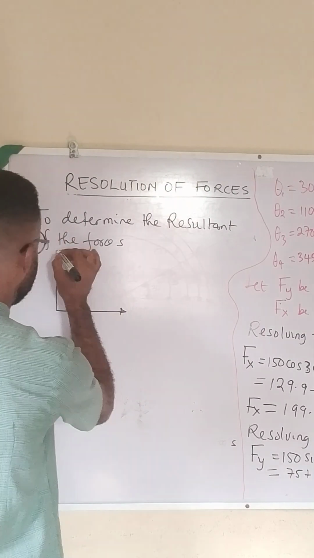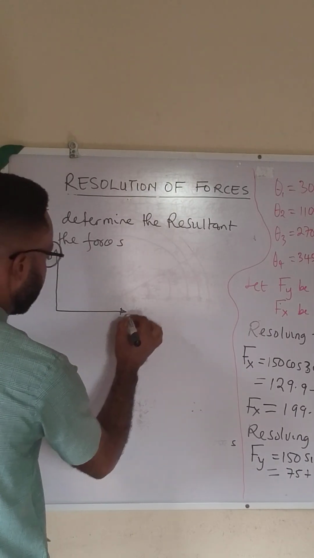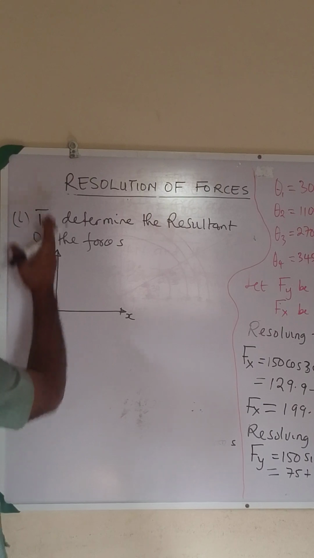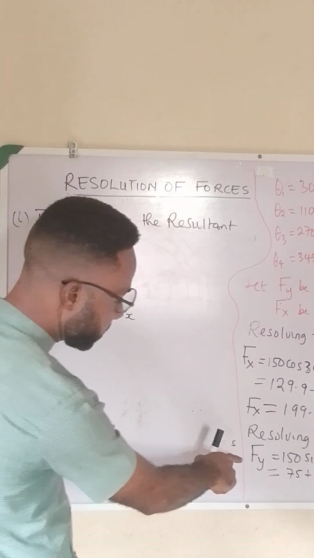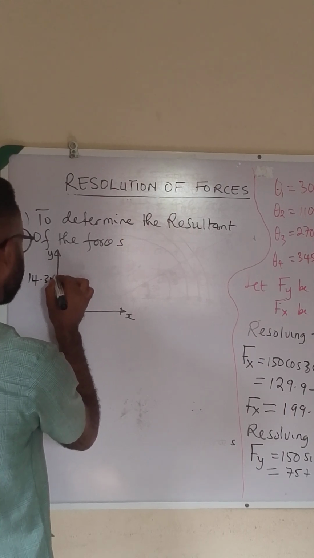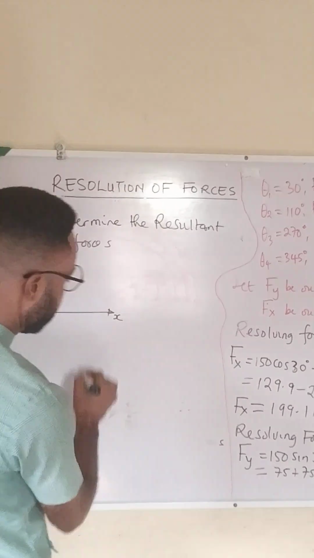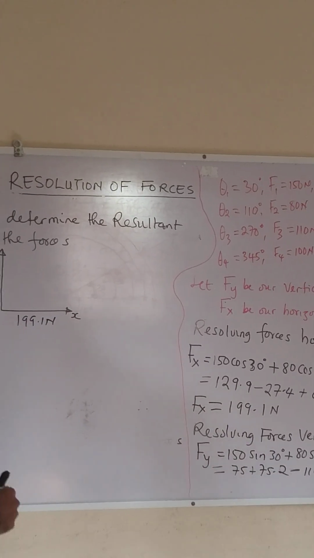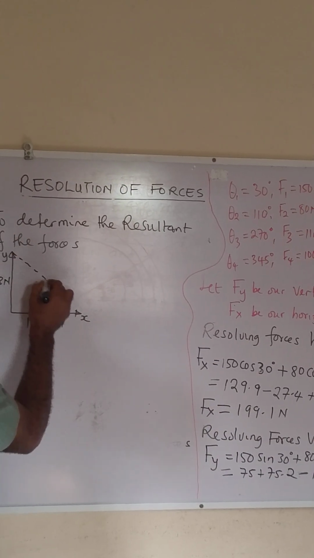This is our y and this is our x. Whatever we have in y, we write it out. Y is 14.3 Newton, and our x is 199.1 Newton. And this is the resultant.